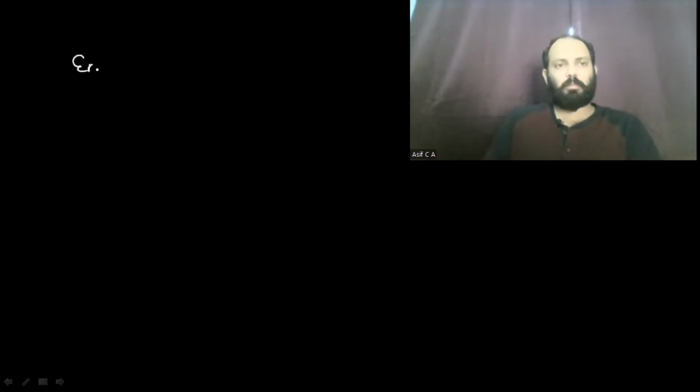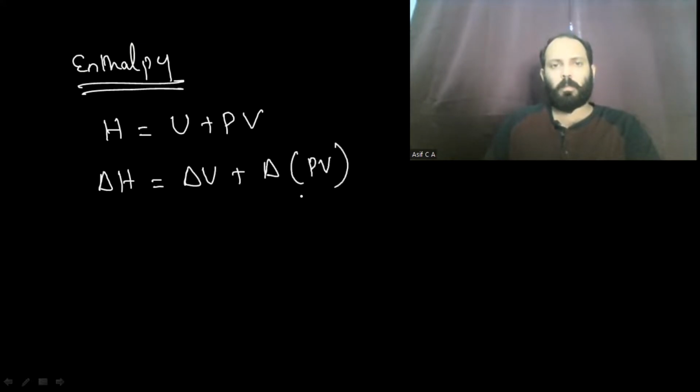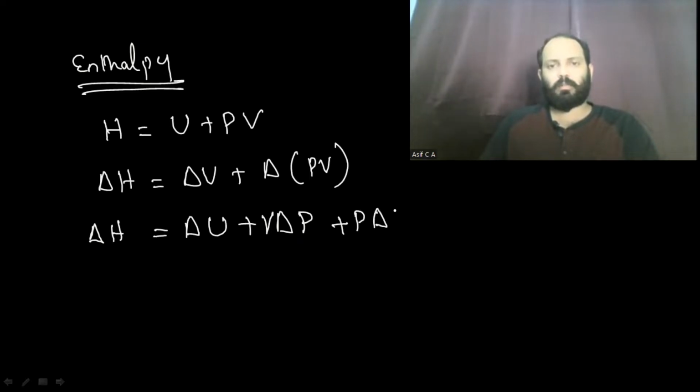Now enthalpy பத்தி பேசிக்கலாம் இல்லையா? Enthalpy H is equal to U plus PV. So we can write as delta H is equal to delta U plus delta PV. அது நம்ம எப்படி எழுதிக்கலாம்? delta H is equal to delta U plus V delta P plus P delta V ன்னு எழுதிக்கலாம்.